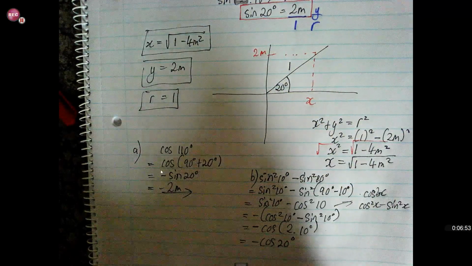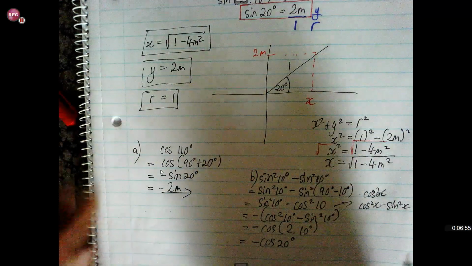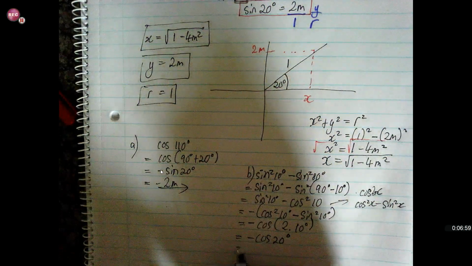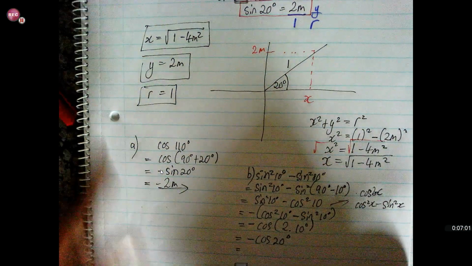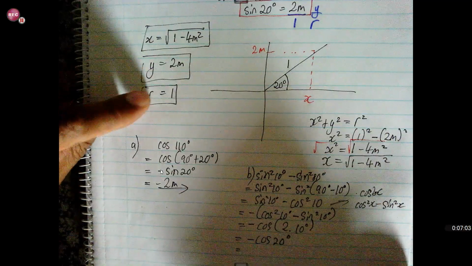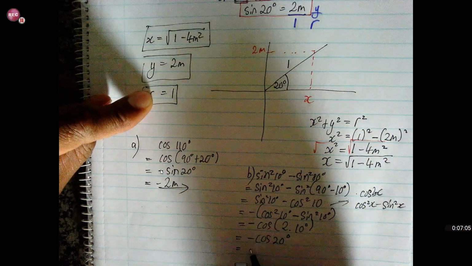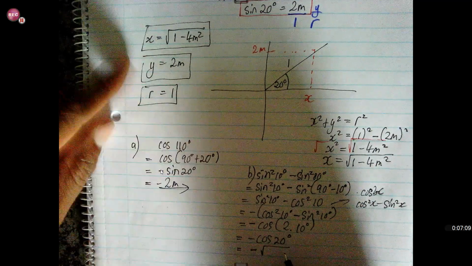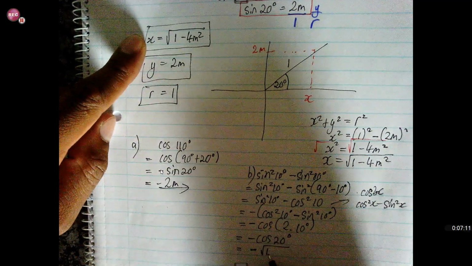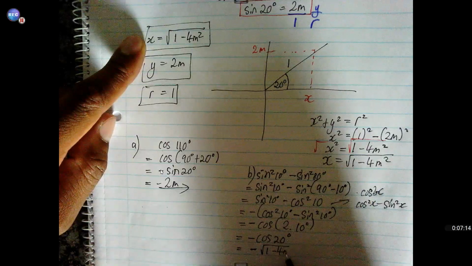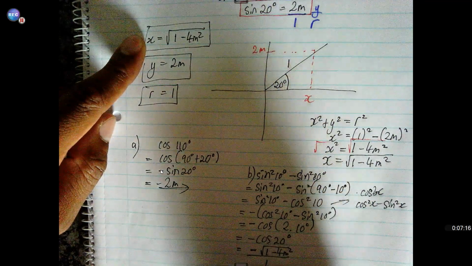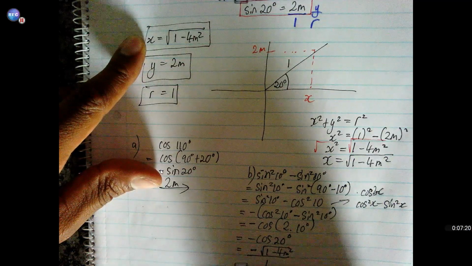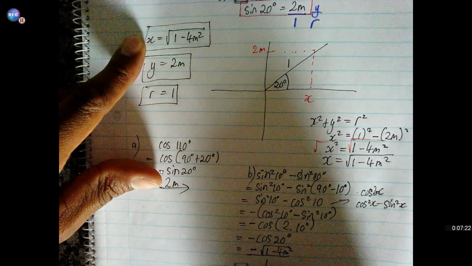And we know that cos 20 degrees is what? It's going to be x over r. So what is cos? It's x over r. So it's going to be negative square root. What is cos 20? Cos 20, we have square root 1 minus 4m squared all over 1, which is going to give an answer of minus square root 1 minus 4m squared.